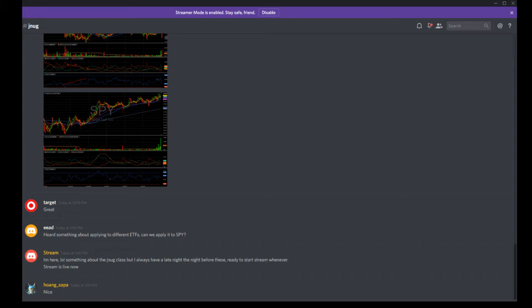So my baseline when I'm first thinking about whether I'm going short or long is where's the 200-day moving average? The 200-day moving average for me is my number one deciding factor on what I think this stock is going to do. If we're opening up below the 200-day, I'm expecting things to be relatively bearish on the day.